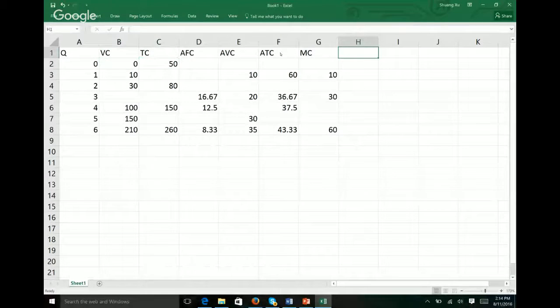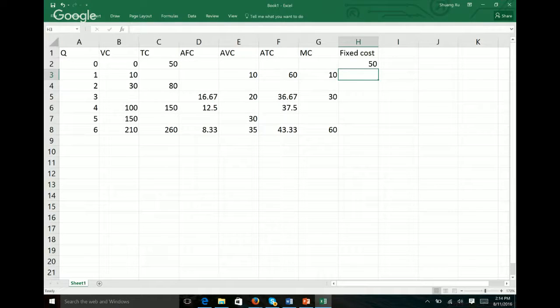And then your fixed cost. Let's make one more column: fixed cost. Fixed cost equals your total cost minus variable cost. So for the first production level, your fixed cost is your total cost of 50 minus the variable cost of 0, so your fixed cost is just 50. Remember what we said before, your fixed cost is independent of how much you produce.